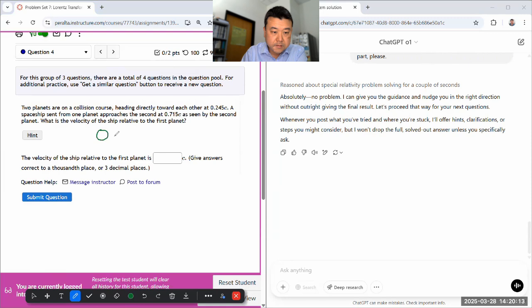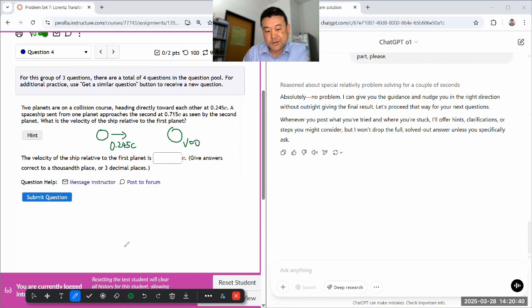So two things moving towards each other. I believe what the question means is if I imagine one being at rest, it means to say the other is moving at this speed. I think that's the correct interpretation.